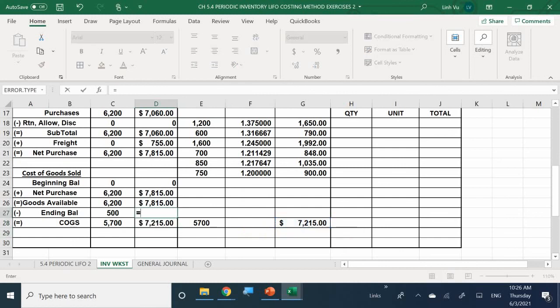Like I said, you guys got lucky. We didn't have to deal with having to equal round today. But Monday we will need to see how to use the equal round formula, and I'll teach you that on Monday. So therefore, how much is my ending inventory?